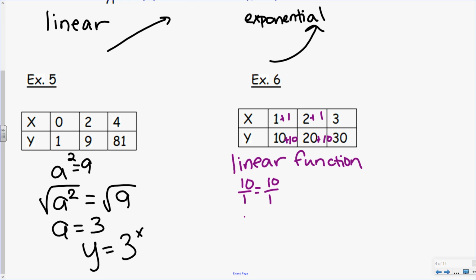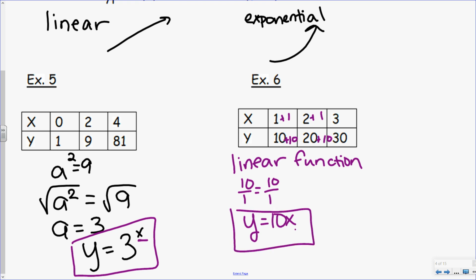So my slope is going to be 10. And if I took 10 away to get me back at the intercept, I have a value of 0. So y equals 10x is my equation. Do you notice the two differences of these two equations? x is in the exponent here, x is in the base part here.